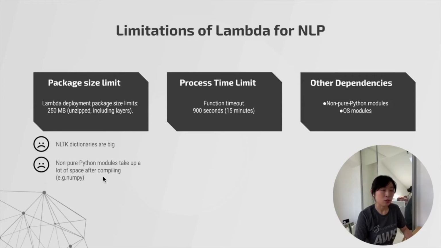Those modules need to be compiled for Lambda environment specifically before deploying. And after that, they can take quite a lot of space as well. So in my use case, I couldn't reduce the size of my deployment package to under 250 megabytes. So that's the main reason I used ECS instead of Lambda.